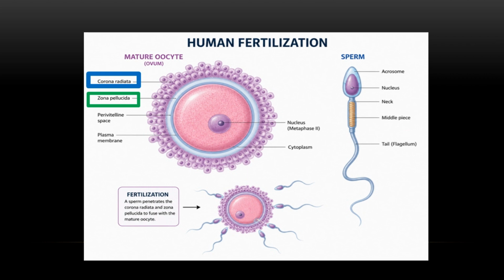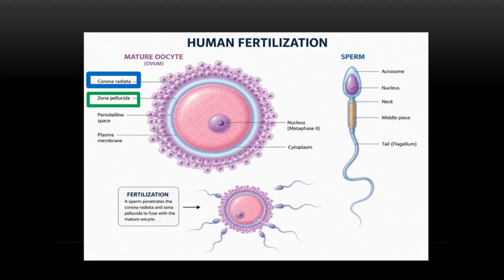When the acrosome of the spermatocyte encounters the zona pellucida deep to the corona radiata, it attaches to the zona pellucida sperm binding protein 3, also called ZP3.